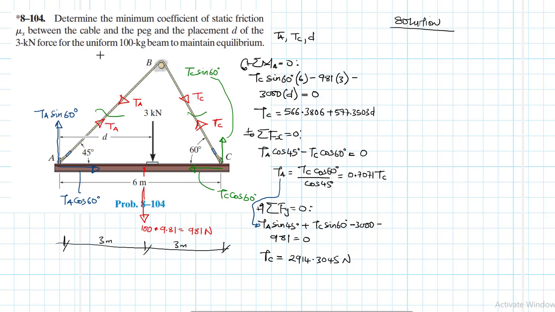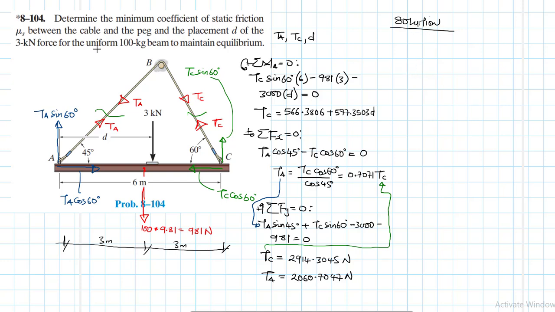Alright, so replacing this TC here, we'll find that our TA will therefore be equal to 2060.7047 newtons. Okay, so there we are.